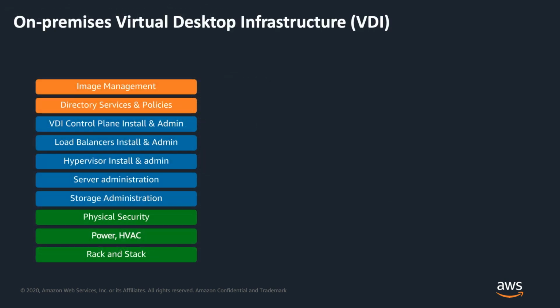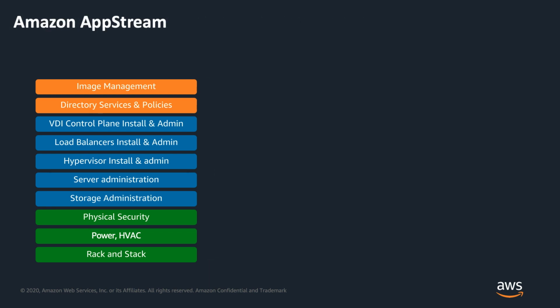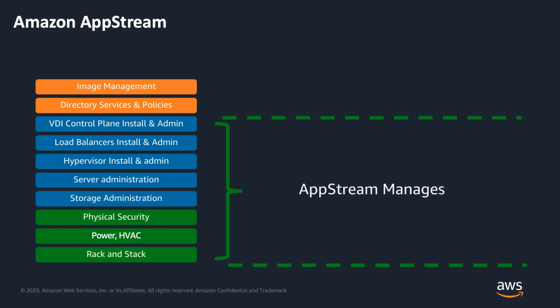I suppose the cool thing is that, traditionally, if you were trying to do this on premise and have some virtual desktop infrastructure, you would have to look after all of this, right from the bottom, from the power and the rack and the stack, up to the management of the instance. Whereas on AWS, suddenly now AWS is able to take all the lower half, with AppStream managing all the physical security in the data centers, the hypervisor install, the control planes.